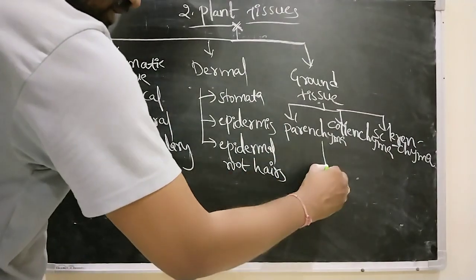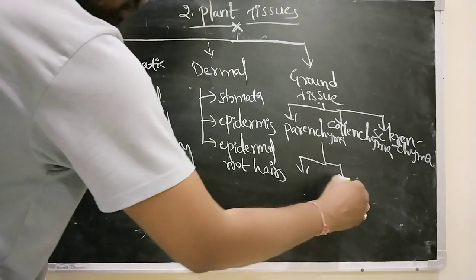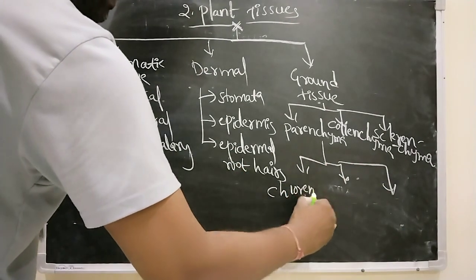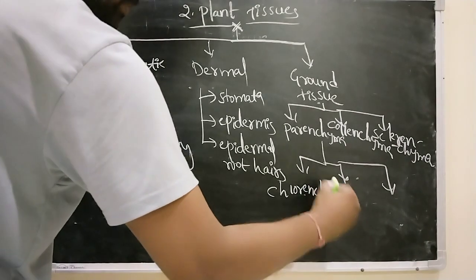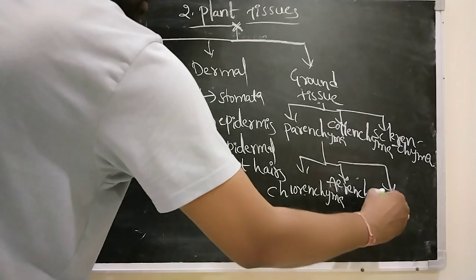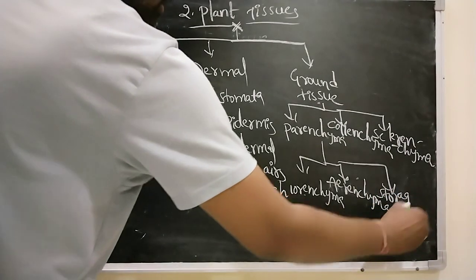Depending upon the function, the parenchyma is again divided into three types: chlorenchyma, aerenchyma, and storage tissue.